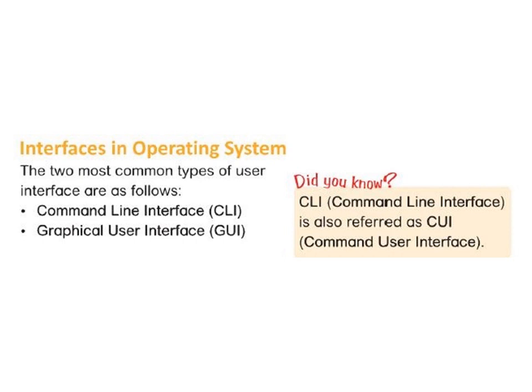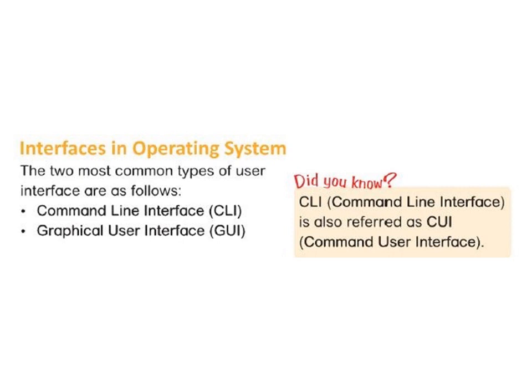So basically there are two most common types of user interfaces, the command line interface and the graphical user interface. The command line interface is sometimes also referred to as command user interface.